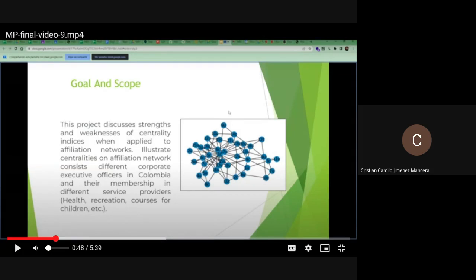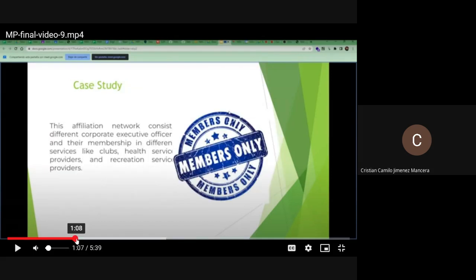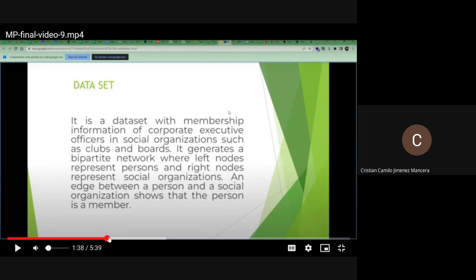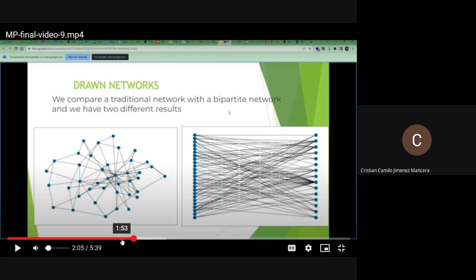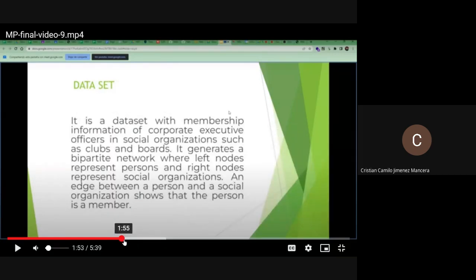If we take this data set and compute the centrality measures using the normal centralities applied to the networks, and also NetworkX, which is a special library in Python to apply these centralities to a bipartite network.